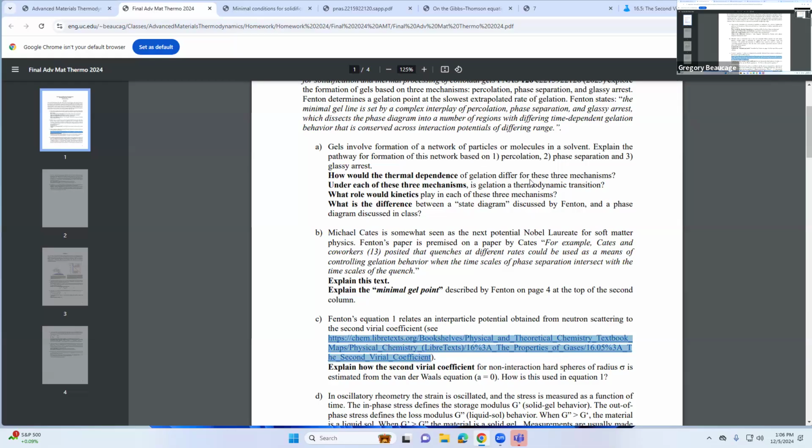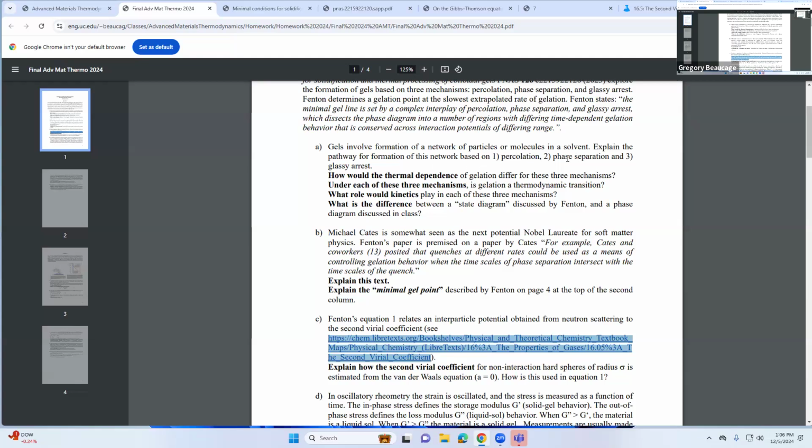How would the thermal dependence of gelation differ for the three mechanisms? He shows in the paper the thermal dependence. I think it's fixed for the phase separation, and for percolation, the first one doesn't have a thermal dependence.